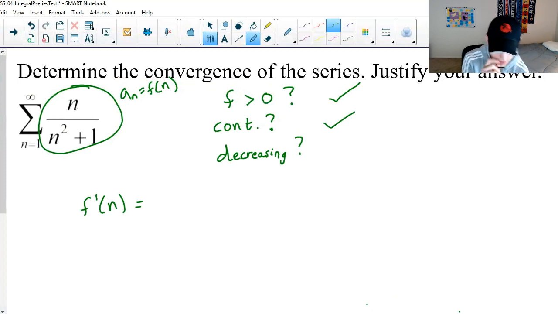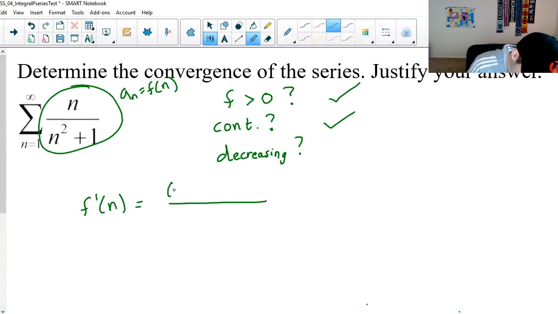All right, so the bottom times the derivative of the top minus the top times the derivative of the bottom, divided by the bottom squared, or low d high minus high d low over low squared.